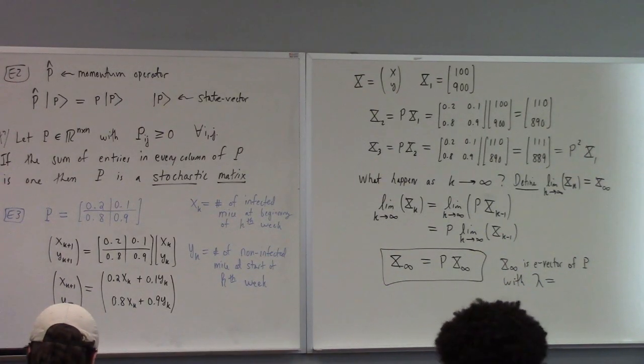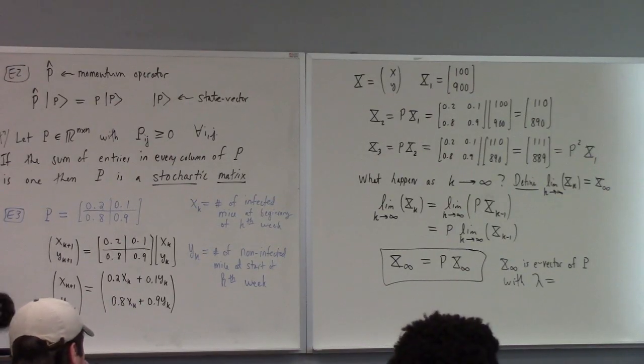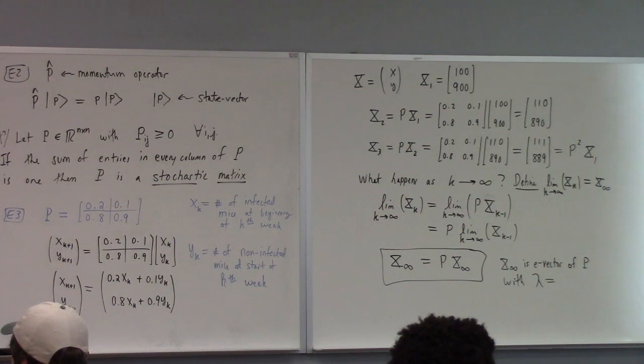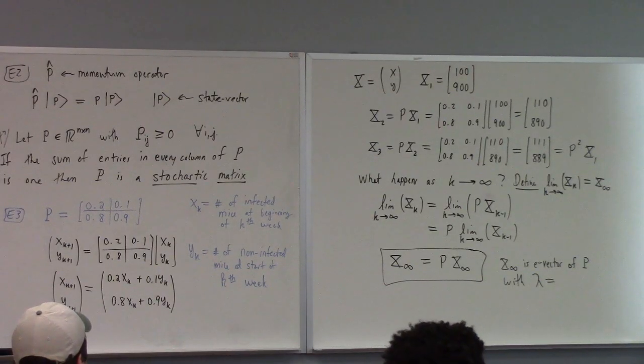What's the eigenvalue? 1. 1. Very good. So every stochastic matrix, actually you can prove this, has an eigenvector with eigenvalue 1, and that corresponds to the steady state solution to the state machine. That's where everything gets drawn to eventually. It doesn't have to be just one.